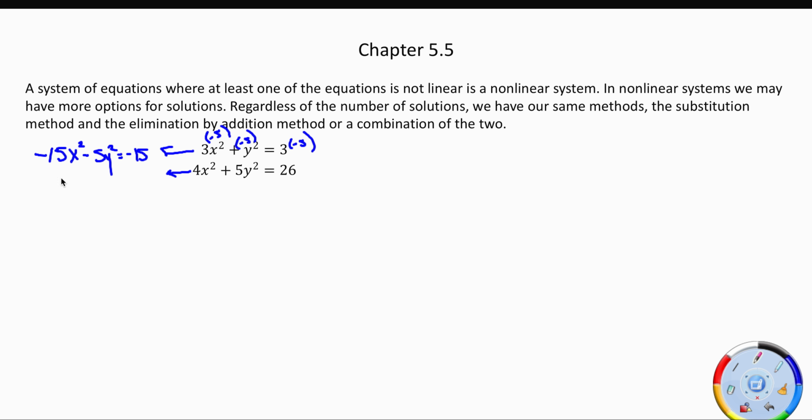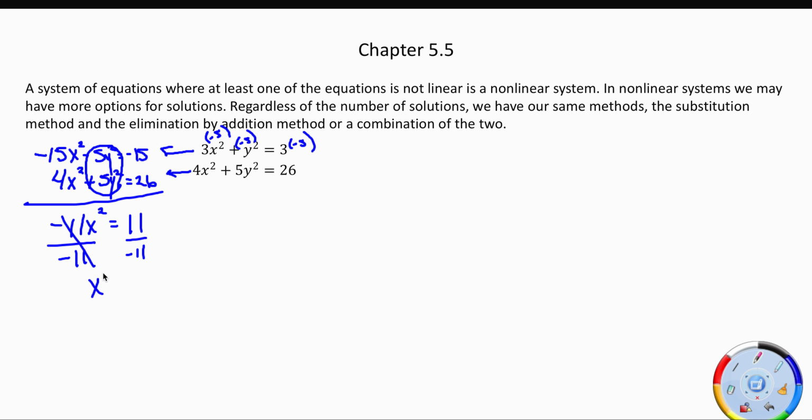If I add it to 4x squared plus 5y squared equals 26, my y squareds are eliminated, and I'm left with -11x squared equals 11. So dividing by -11, I have that x squared equals -1.